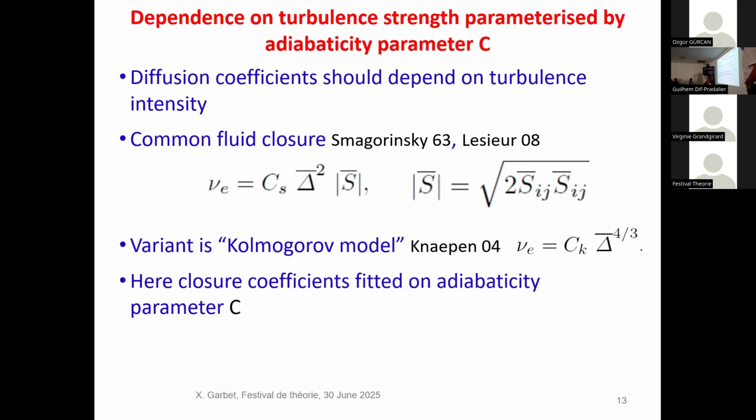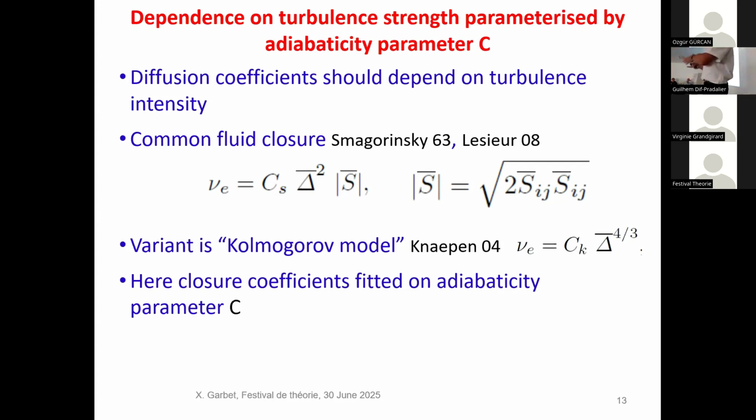By the way, in fluid dynamics, you probably heard of the Smagorinsky model. That's the case, right? The turbulent viscosity depends on the strain tensor, which is itself related to the velocity. In this case, what we've done is something much simpler. These closure coefficients depend just directly on the C parameter, the adiabatic parameter.